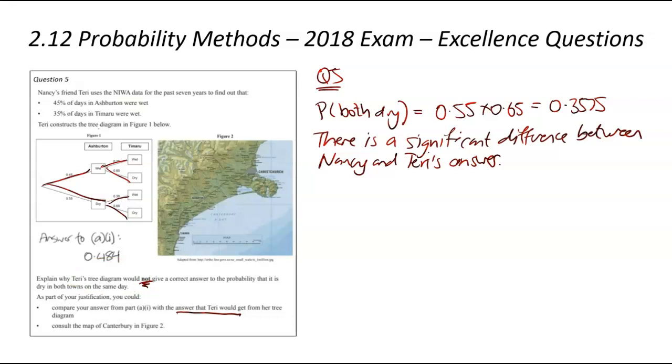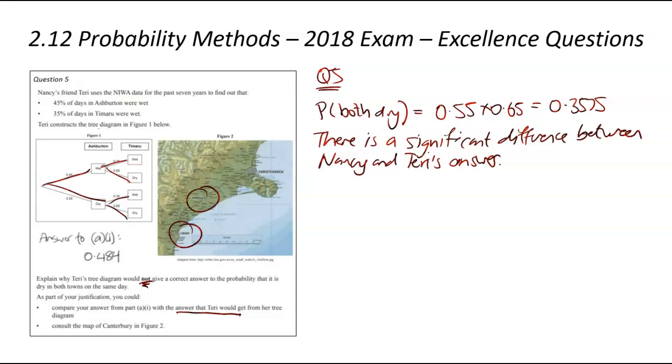So the first thing to note is Terry's probability numbers, they're two separate numbers. And you'll probably say it's too simple because her numbers don't reflect that Timaru and Ashburton are pretty close to each other. So we've got Timaru over here, Ashburton over here. In terms of the South Island, they're really close. And there's probably going to be a relationship.